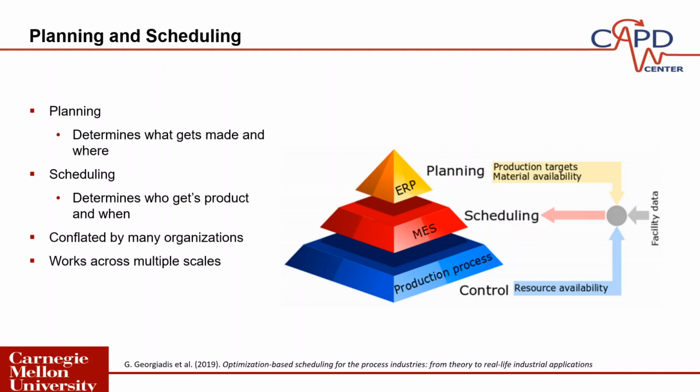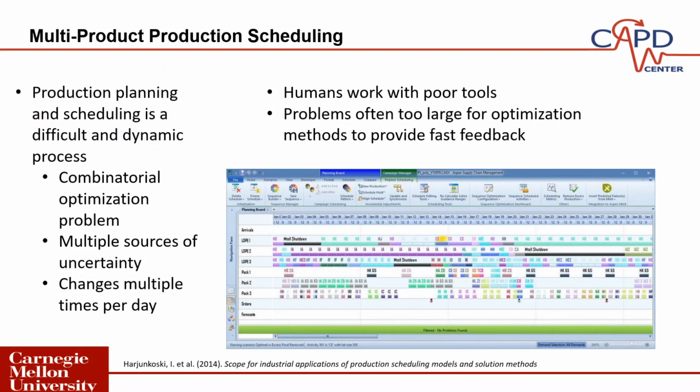This works across multiple different scales for planning for different plant sites, business, or even geographical region, as it may be. With most of our plants, they are multi-product plants, so they can make product A, B, C, D, and so forth.